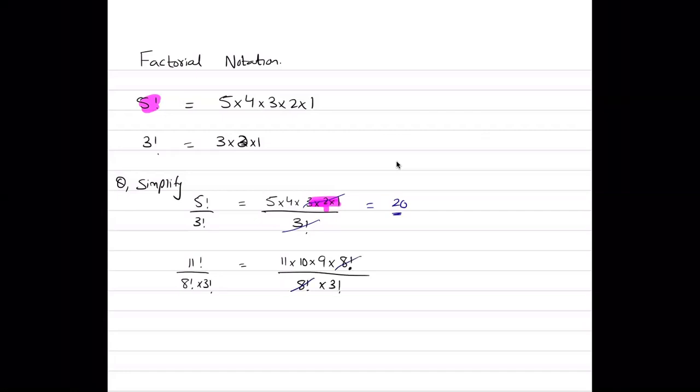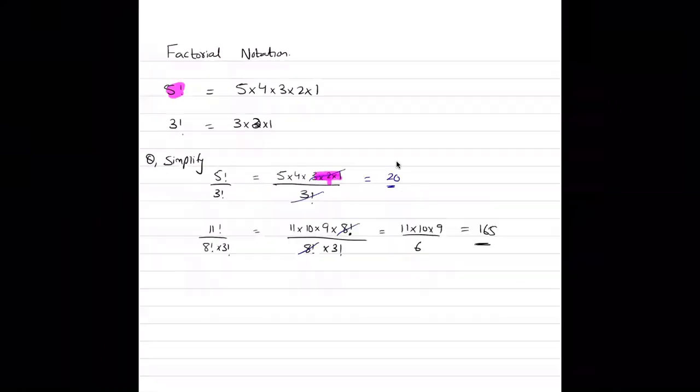So 8 factorial got cancelled out, and 3 factorial is basically 6. So I can simplify this, and this is going to come out as 165. Okay, that's just the concept of the factorial notation.